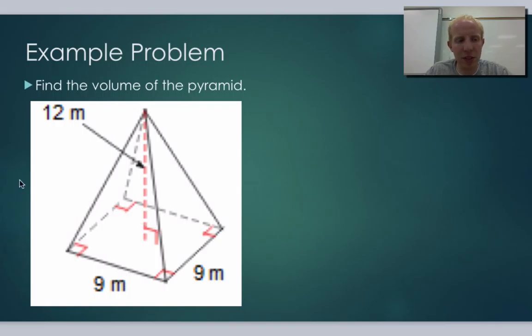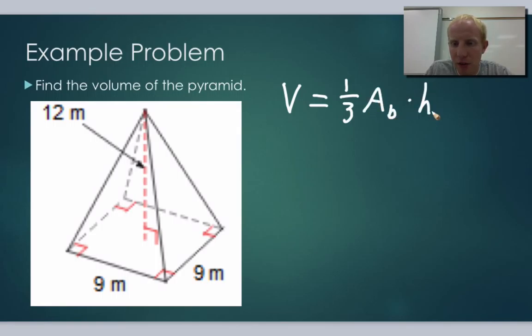Okay, so let's go ahead and try an example problem. Sorry, the picture's a little fuzzy, but we're trying to find the volume of this pyramid. So we know that the volume of a pyramid is 1/3 the area of the base times the height of the solid. Let's start by finding the area of this base.